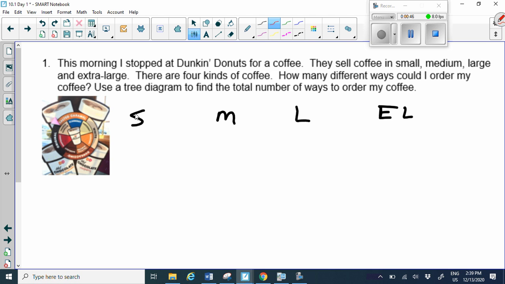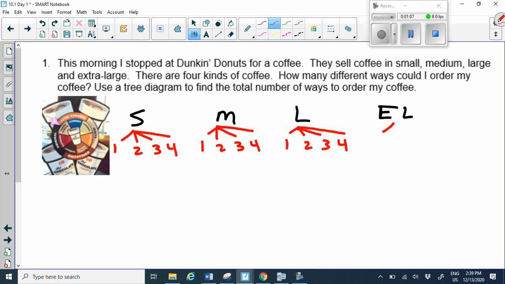I'm just going to label them 1, 2, 3, 4, okay? So in a small, we have the 4 different types. In the medium, we also have that. We have 4 different types of coffee. So you can think of light, medium, dark, extra dark if you want to. And then large, the same thing. And then extra large, once again, the same thing.